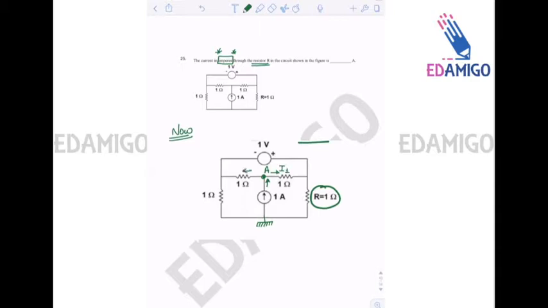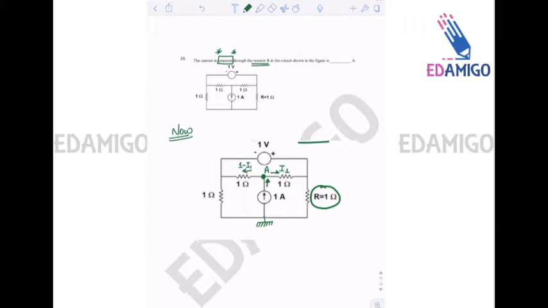So current 1 minus I1 will flow in the left direction. I am applying KCL at this node. Incoming current is 1 ampere. Outgoing to the right is I1 and outgoing to the left will be 1 minus I1.